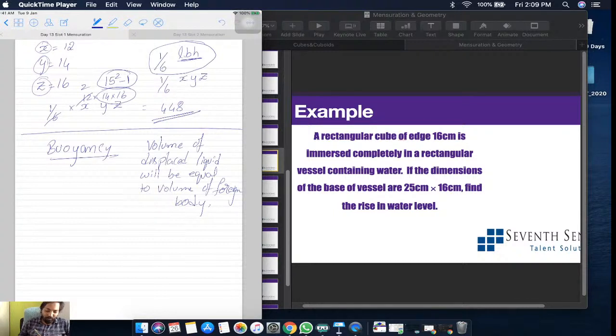Here the foreign body is a 16 centimeter edged cube.